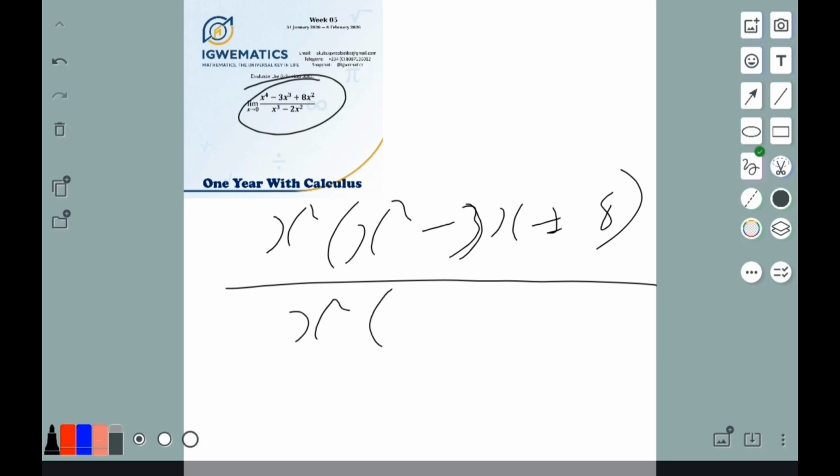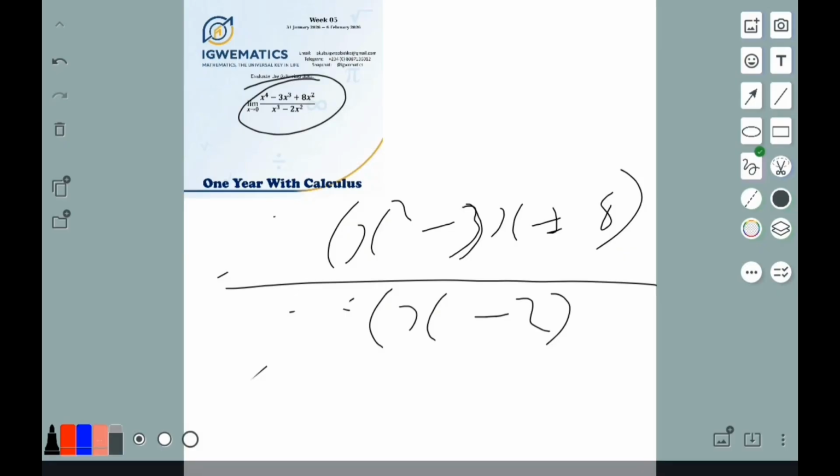In the denominator, x cubed divided by x squared gives x, and minus 2x squared divided by x squared gives minus 2. So now x squared cancels out, leaving you with x squared minus 3x plus 8, divided by x minus 2.